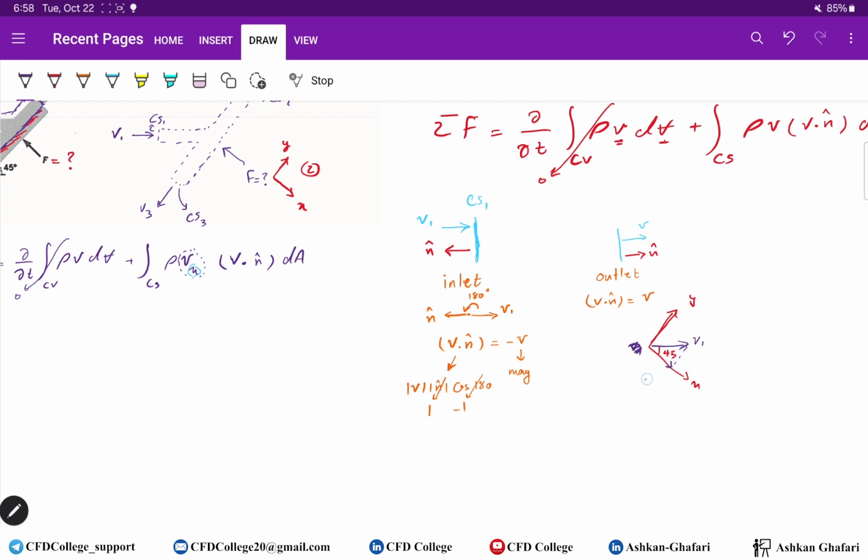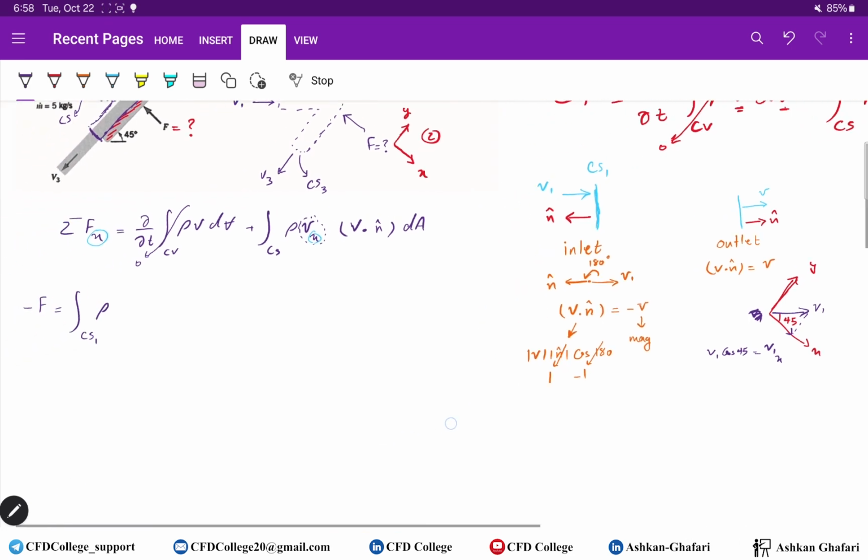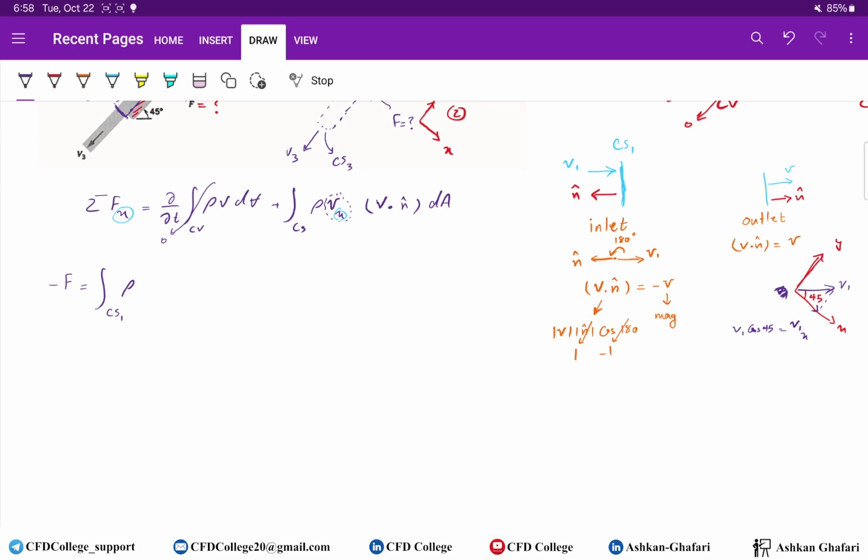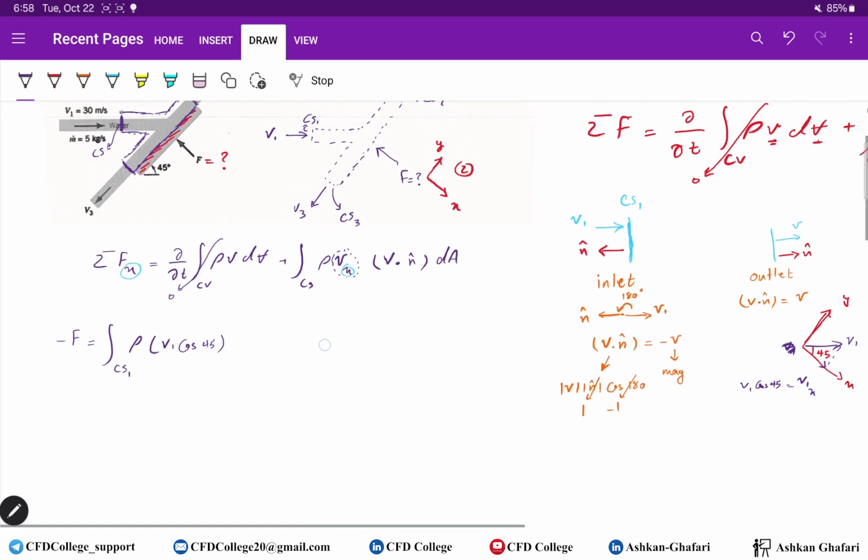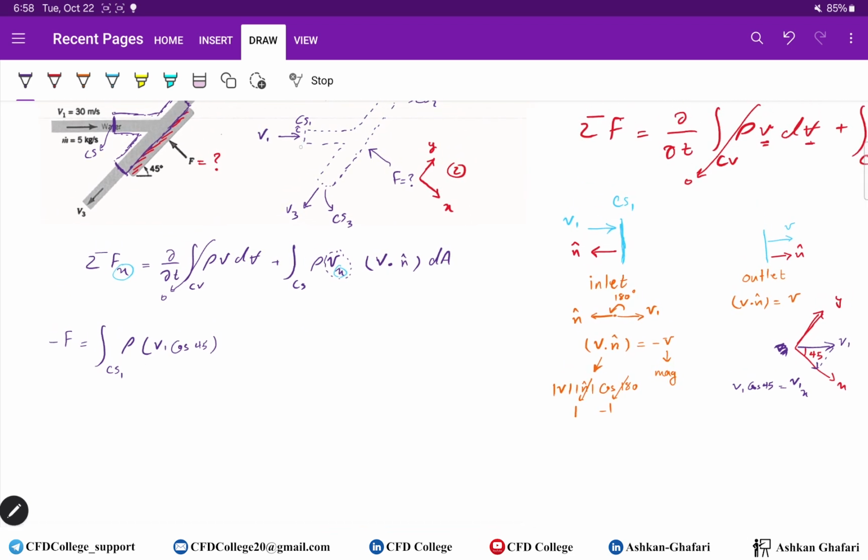So v1 in x direction equals v1 cosine of 45. So rho vx at control surface 1 is v1 cosine of 45 degrees, and v dot n is always the magnitude, but here we have inlet, we have inflow, so times minus v1 dA.